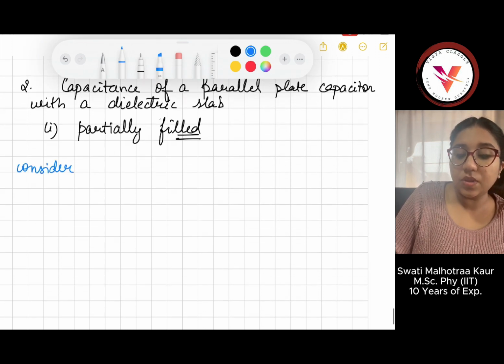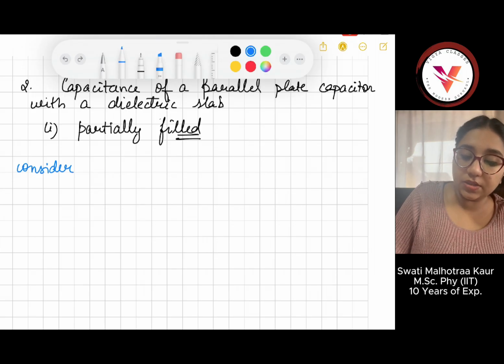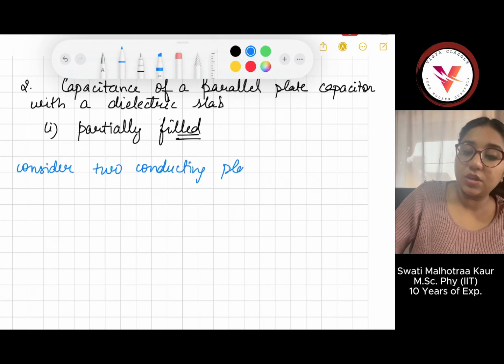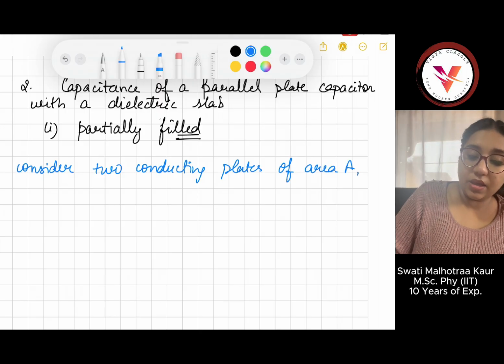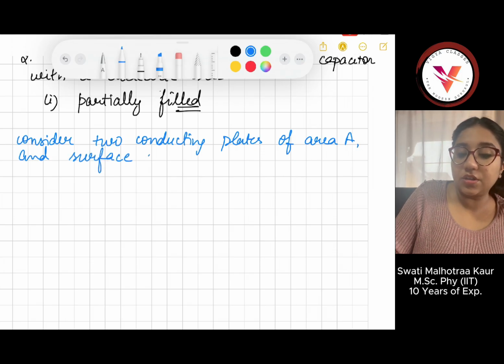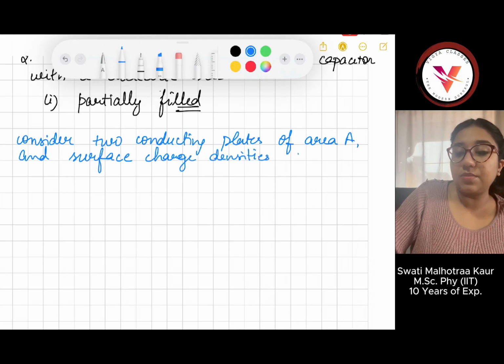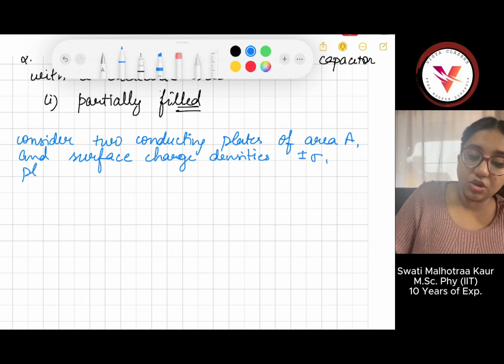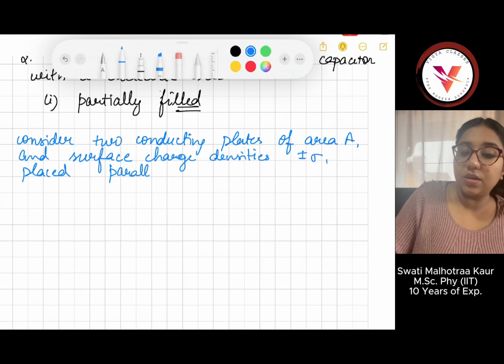Consider two conducting plates of area A and surface charge densities plus minus sigma, placed parallel to each other at a distance of d.